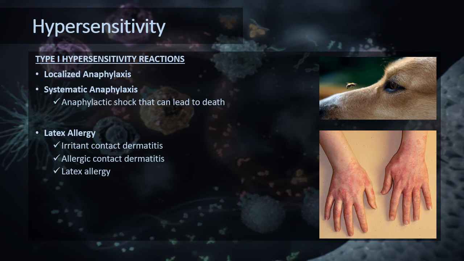Next is allergic contact dermatitis. This results from chemicals added to latex during manufacturing and causes delayed hypersensitivity. And lastly, we have the latex allergy. This is an immediate type of hypersensitivity that causes mild reactions like skin redness, hives, or itching. More severe reactions include respiratory symptoms and asthma.